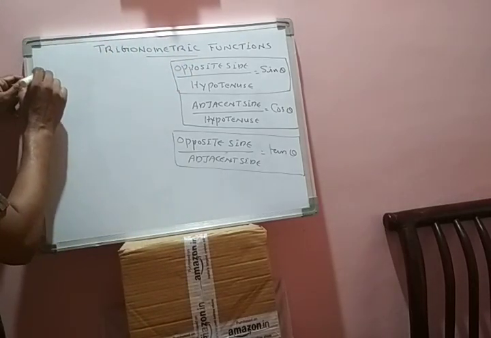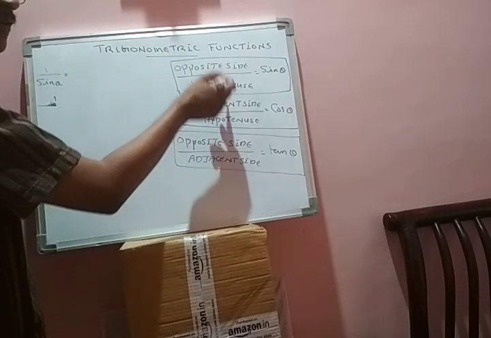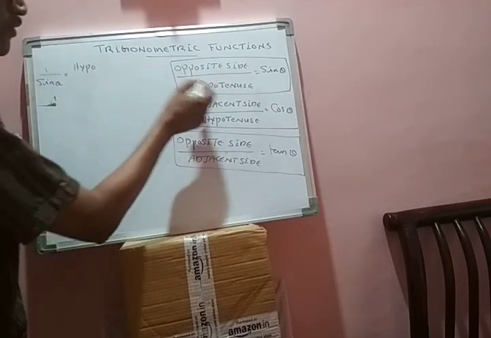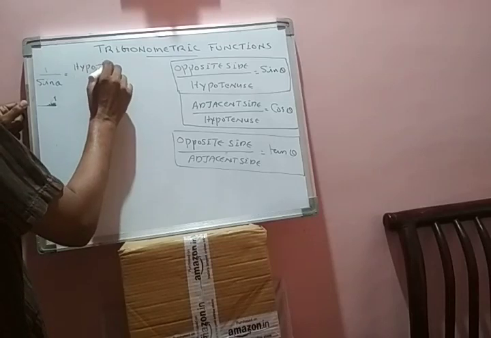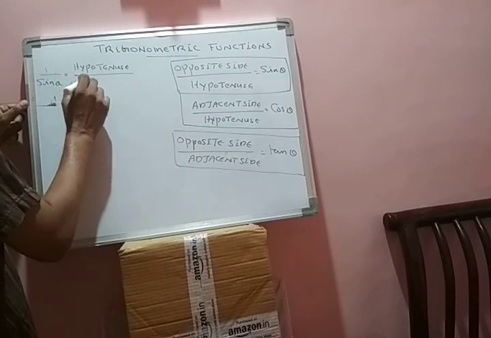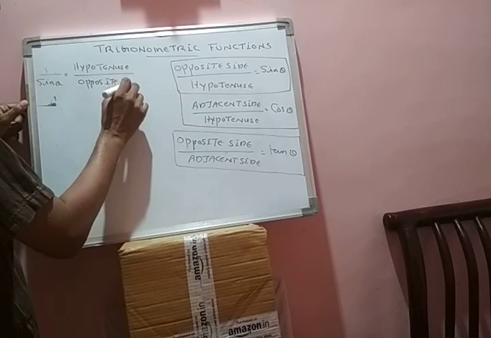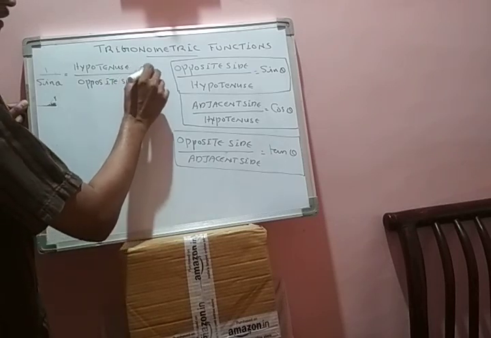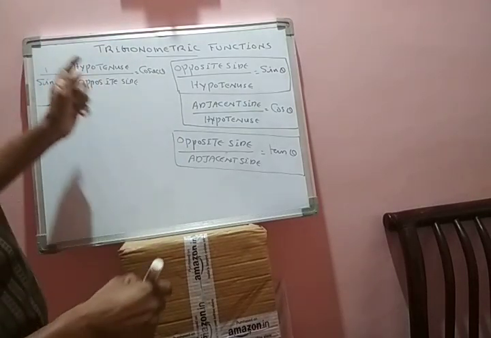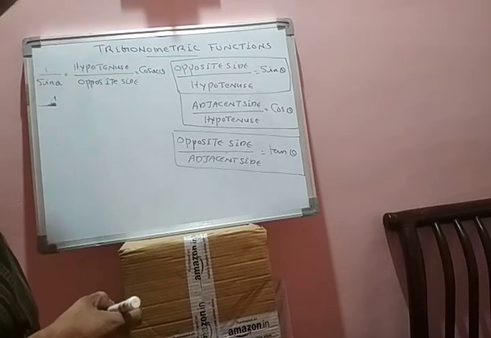That is 1 by sin theta. This ratio is known as cosec theta. Therefore, cosec theta is the reciprocal of sin theta. That is 1 by sin theta is equal to cosec theta. The definition is hypotenuse divided by opposite side.